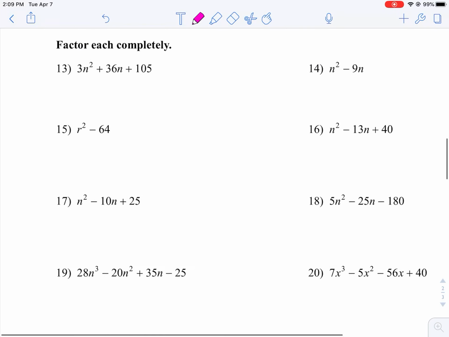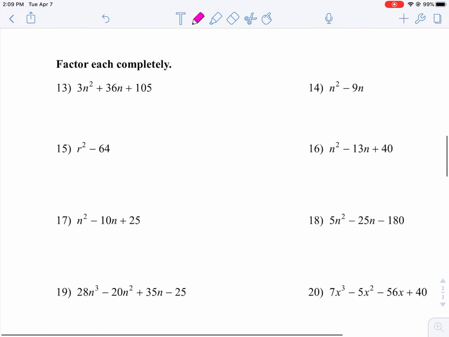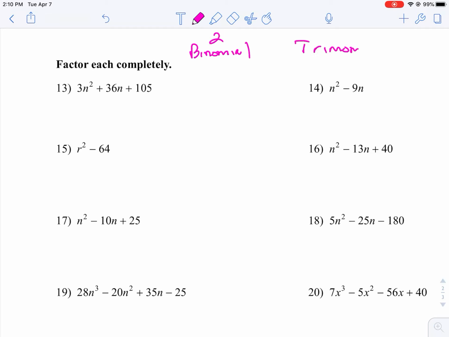Last but not least, now we're doing all factoring, okay? So we have a whole section of factoring. You either have a binomial, 2 terms, a trinomial, 3 terms, or a 4 term.